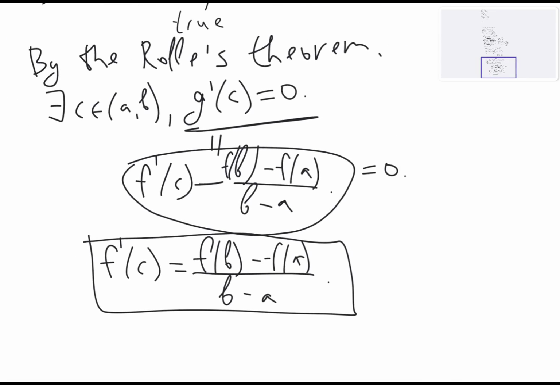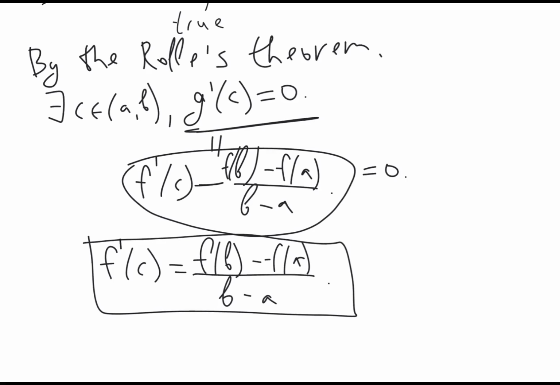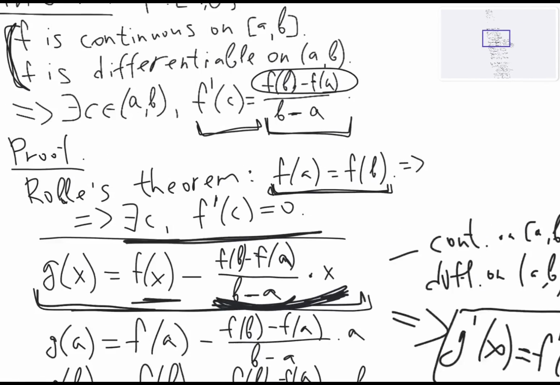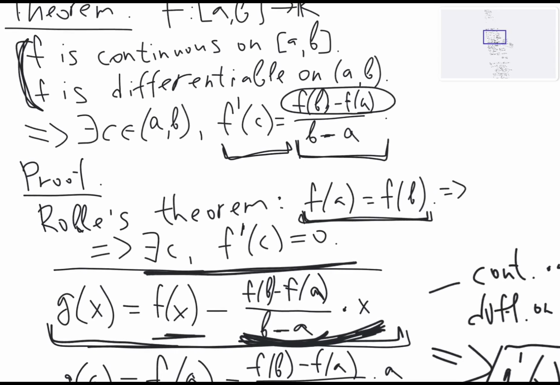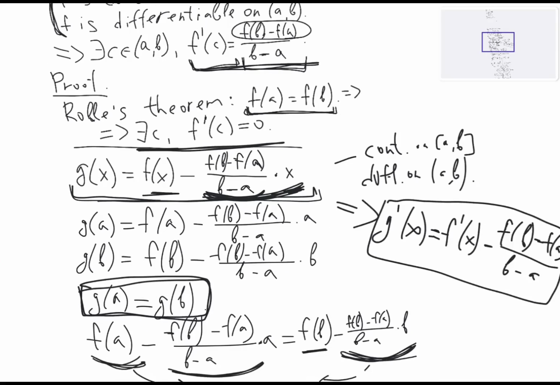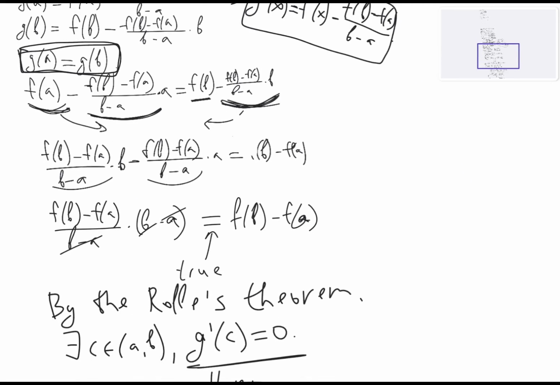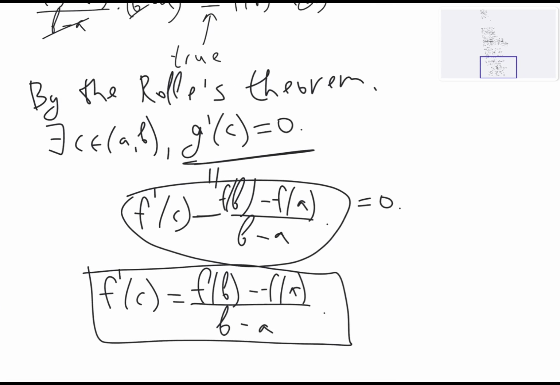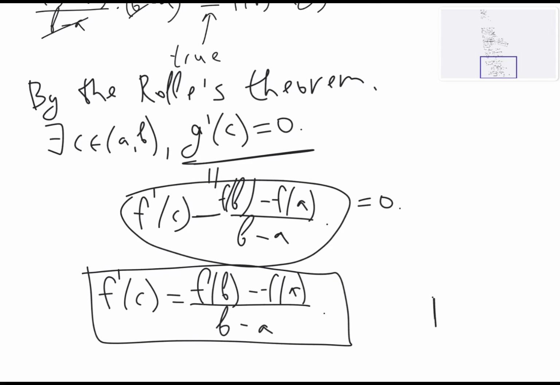So we found an intermediate point c such that the derivative at this point is equal to this value, and this is exactly what we needed to prove. So this concludes the proof.